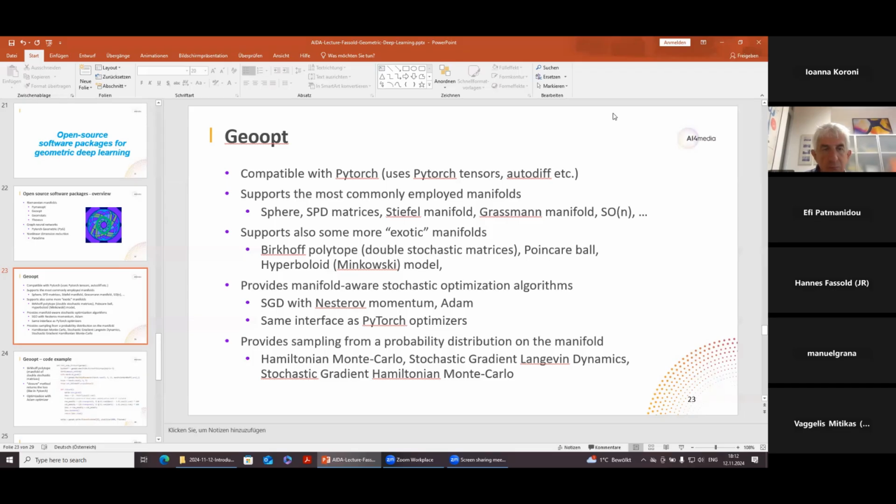And I suppose now with diffusion models, there are also approaches employing concepts from geometric deep learning.